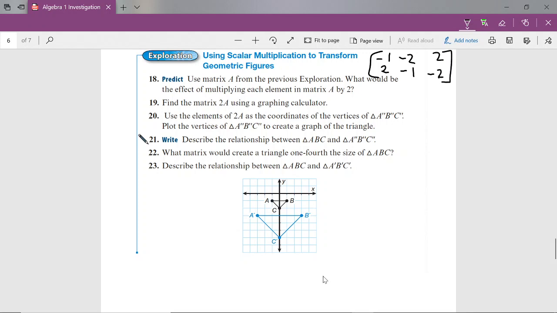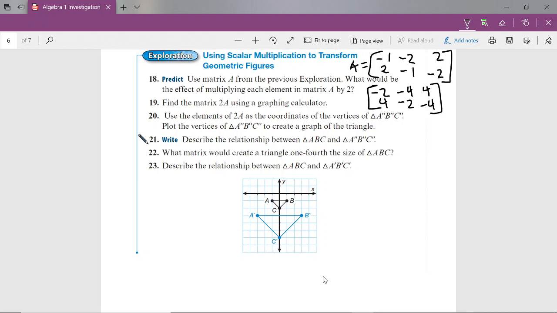So if this is my matrix A, if I want to multiply each of these elements by 2, I'm basically going to take each one of them and literally multiply by 2. So you can do this by hand or practice with that graphing calculator for number 19. So I would get -2 and 4, -4, -2, 4, and -4. All of those get multiplied by 2.